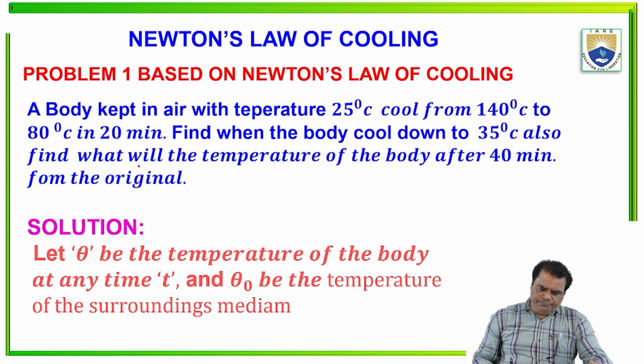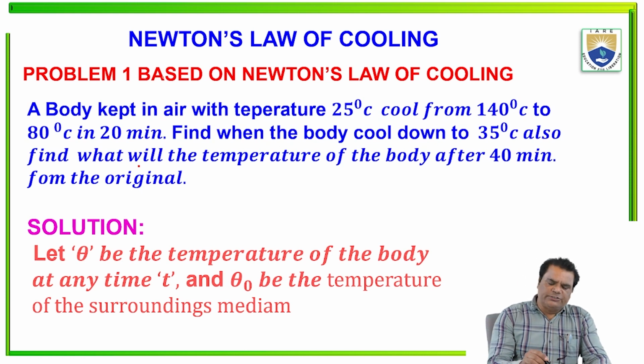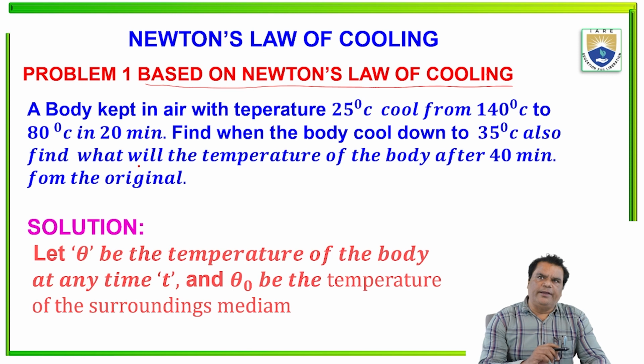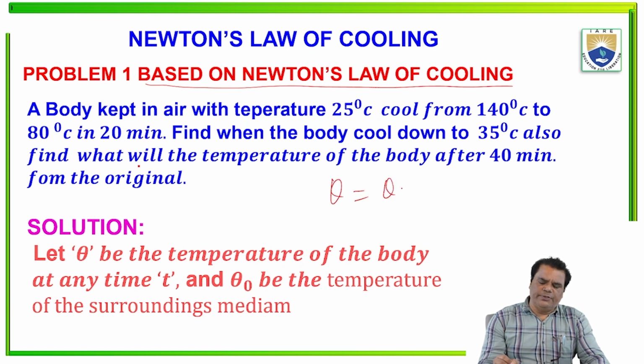Now we want to solve problem 1 based on Newton's law of cooling with the help of the above formula which we have just proved: theta equals theta naught plus c e to the power minus kt.